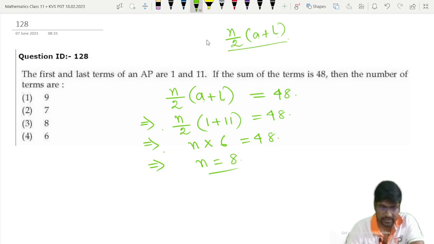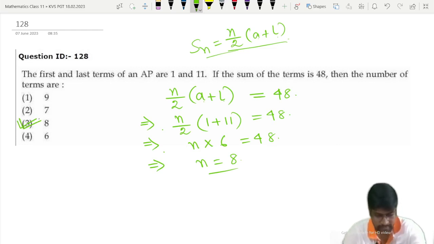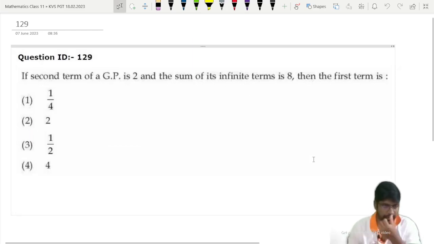Sn is equal to this formula. So n is equal to 8. If you look at the options, you will see option 3 is the correct answer for this question. So we have solved question number 128. Now come to question number 129.